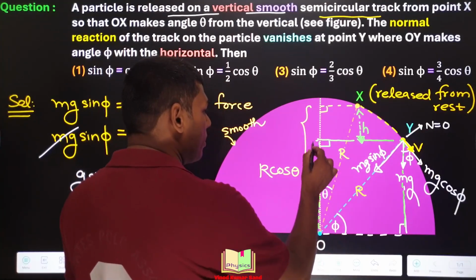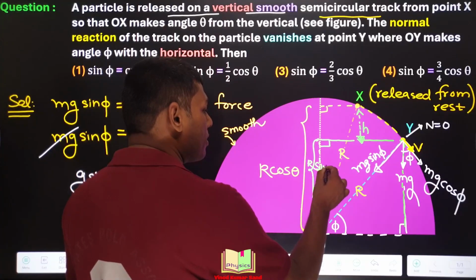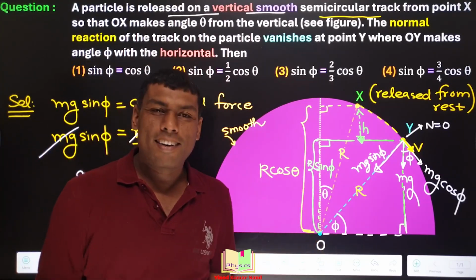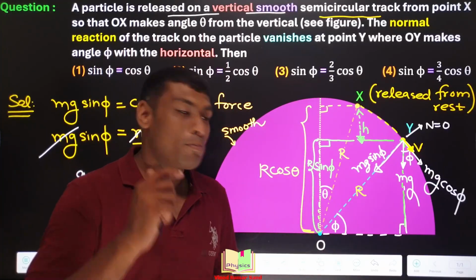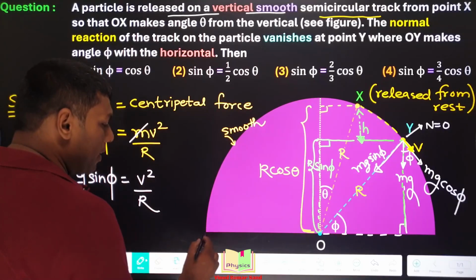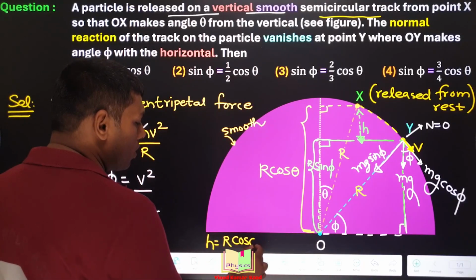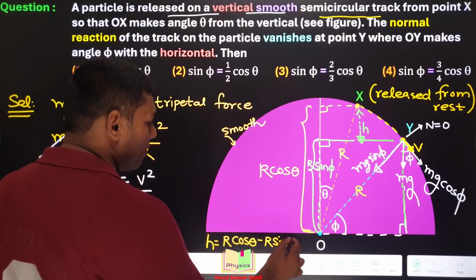So mentioning that green distance here as r sin phi, what would be the h then? Well, the h will be r cos theta minus r sin phi. Let me write it somewhere. The h would be r cos theta minus r sin phi.